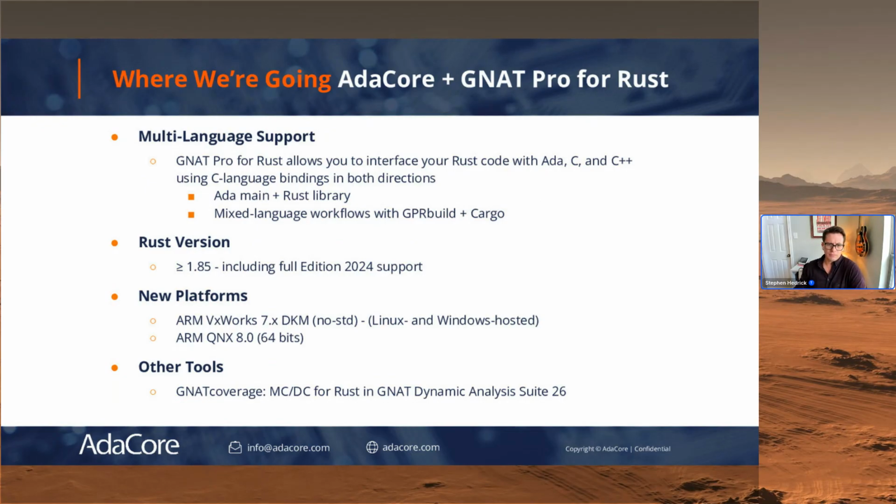We'll obviously have multi-language support: we have the ability to interface Rust code with Ada, C, and C++ with GPRbuild. Version support from 1.85 or greater, including full edition 2024 support, and new platforms such as Linux and Windows hosted VxWorks 7 and 64-bit QNX 8.